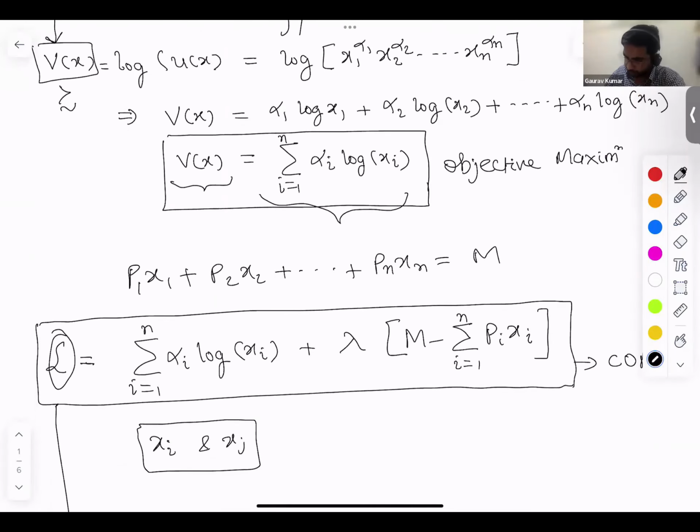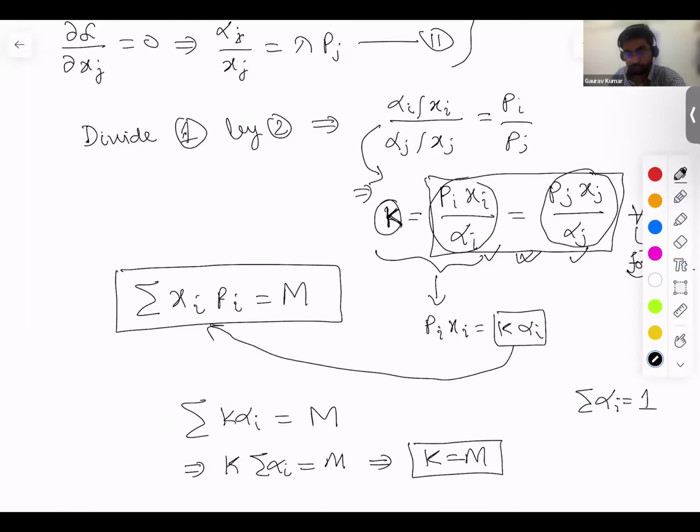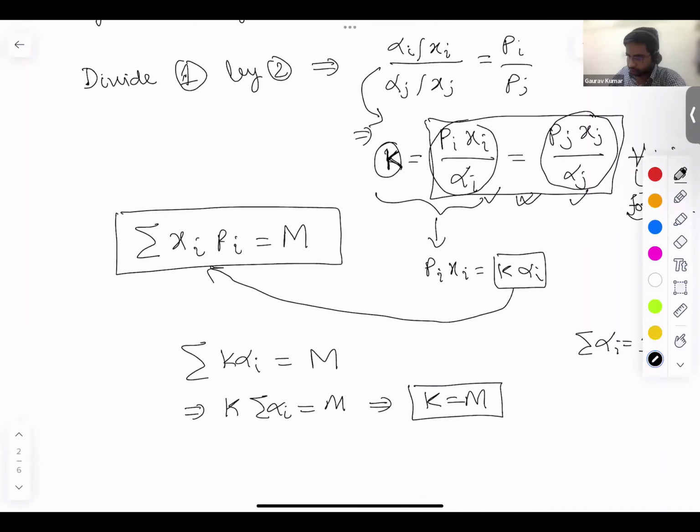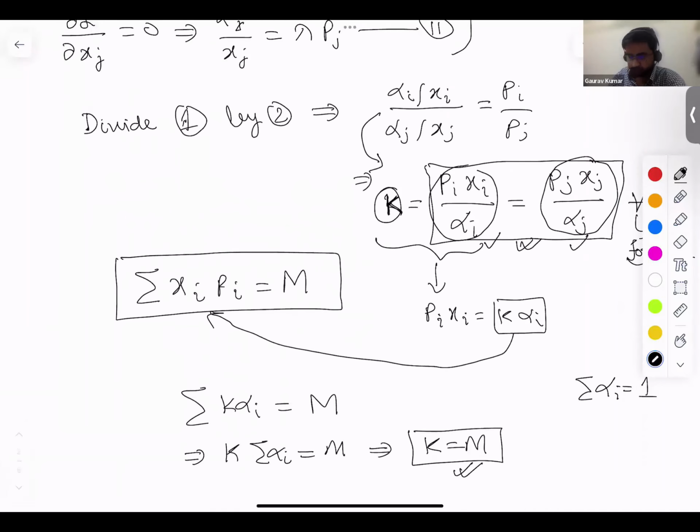When you do that, k can come out because k is a constant. So k is nothing but equal to m, that is your income. So this condition you get from here.